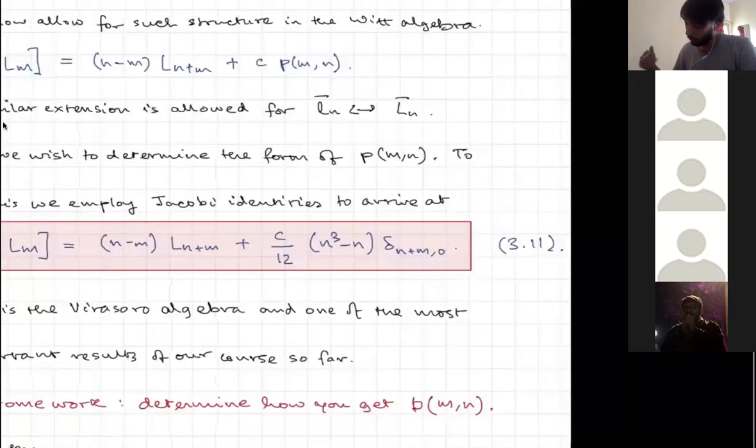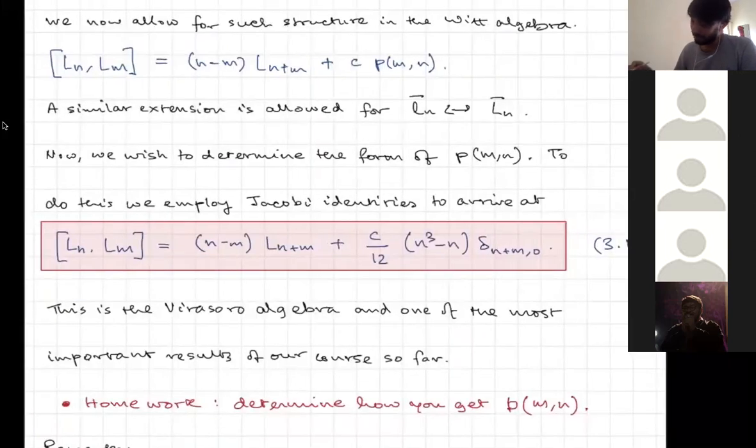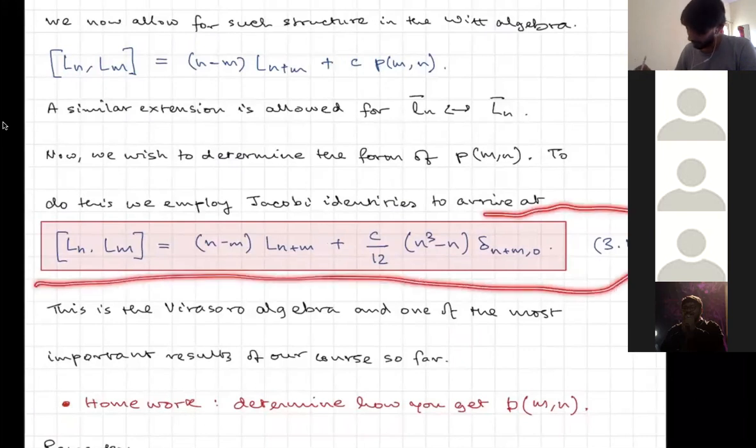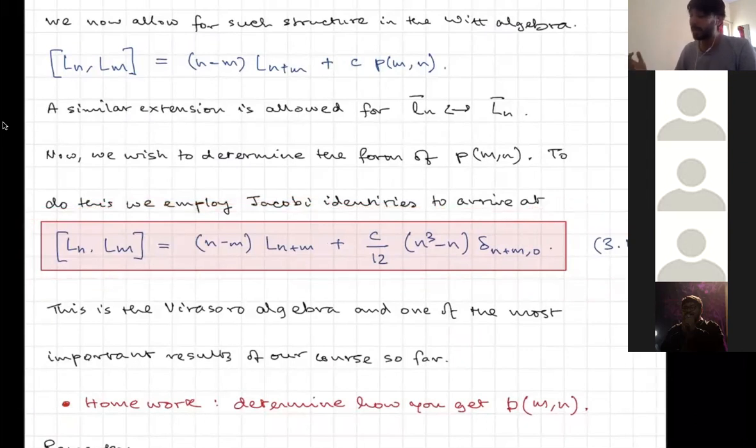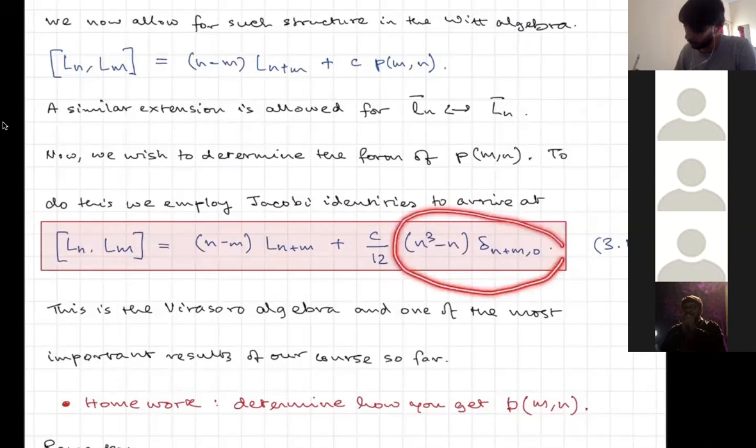So what you can do is check that 3.11, for example, satisfies the Jacobi identity. Actually, we arrived at this expression of P m, n by employing the fact that it's going to close under Jacobi identities.